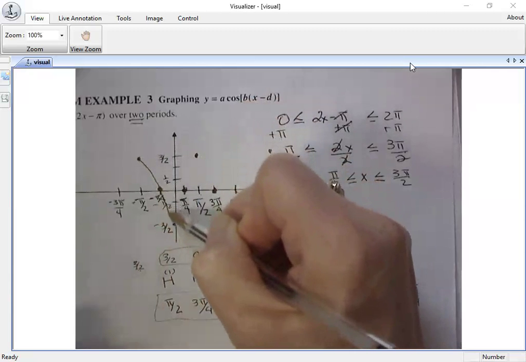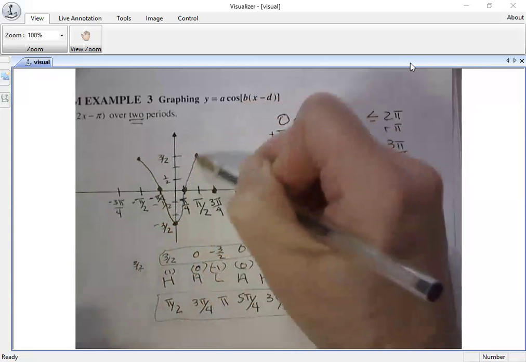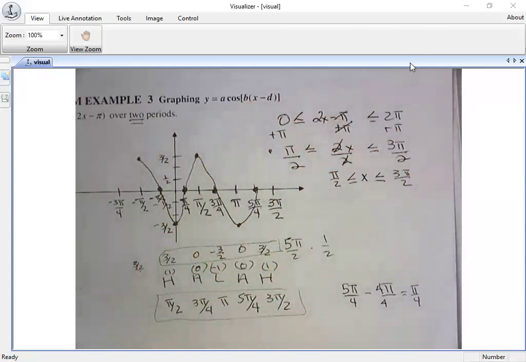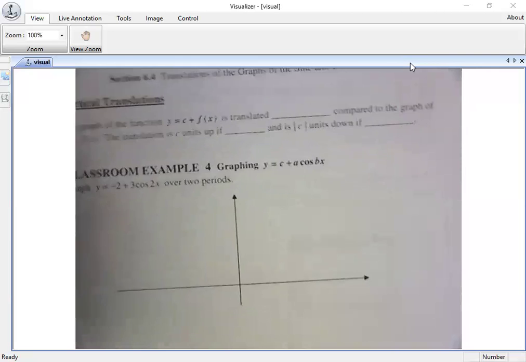I would now have 2 periods on my graph. And if you wanted to make it all going out the positive direction, you could extend that, and just keep going this way. It doesn't make any difference where you put the 2 periods. You just have to be sure you show 2 complete periods. Good? Okay. You guys have put together quite a few.